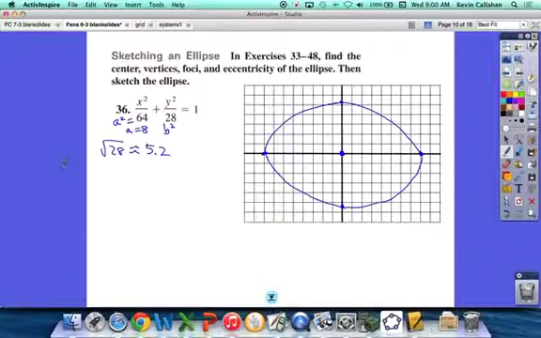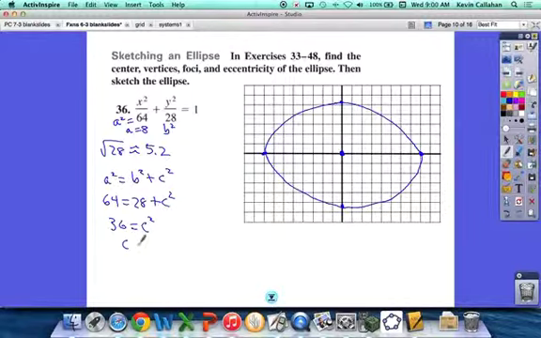How are we going to find the foci? Remember, you've got to have the c. We don't know c. We know a and b. Now we have to calculate the c. So a squared equals b squared plus c squared. We have 64 equals 28 plus c squared. 64 minus 28 is 36.